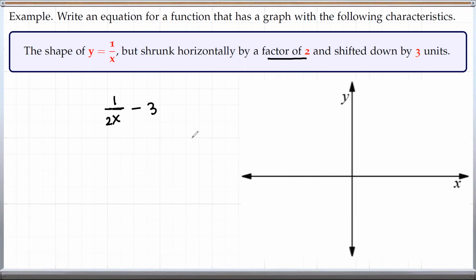So if we want to graph it, we start by the basic function 1 over x, which has a graph like this one. And the first transformation is shrink horizontally by a factor of 2. So everything is shrunk towards the y-axis. So maybe it will look something like this one.